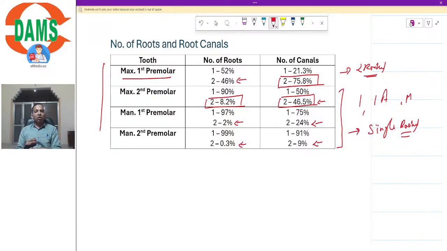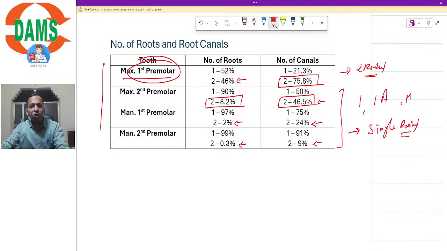Because the maxillary first premolar is a two-rooted tooth, not a single-rooted tooth. So within the question, we have excluded this tooth when we say which of these single-rooted teeth.